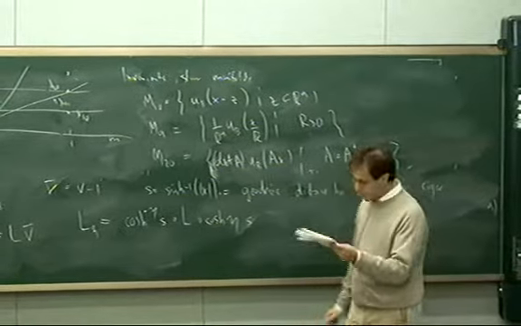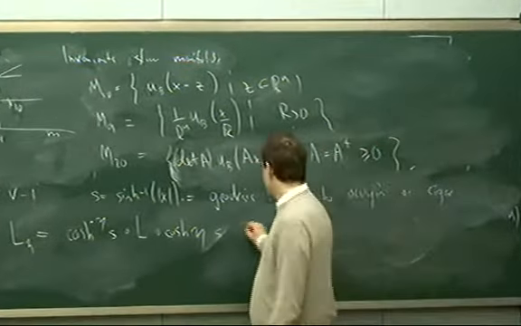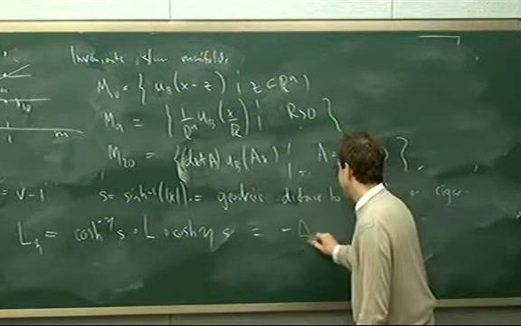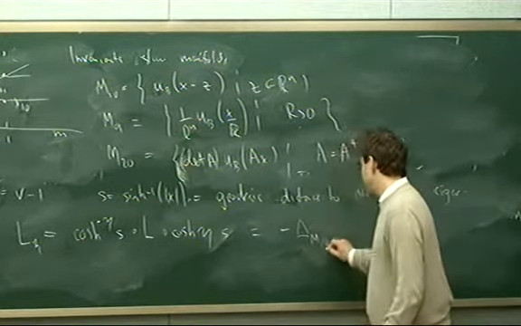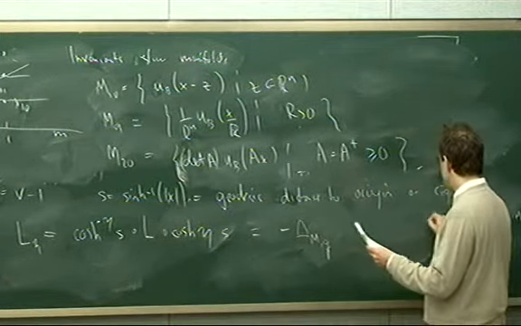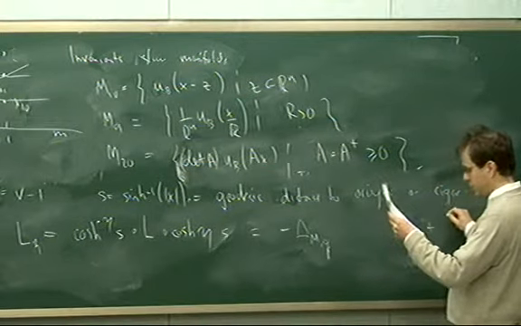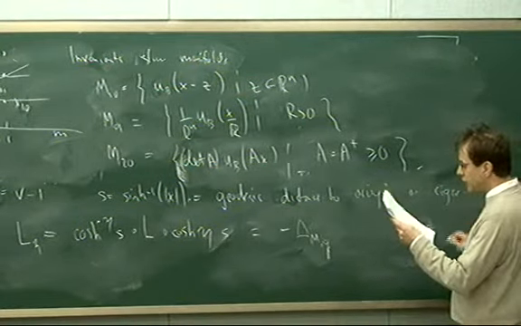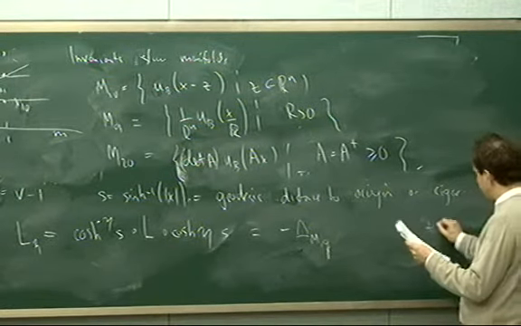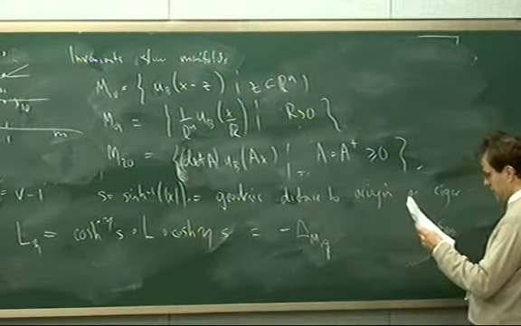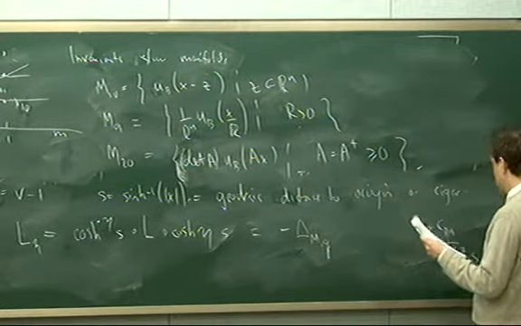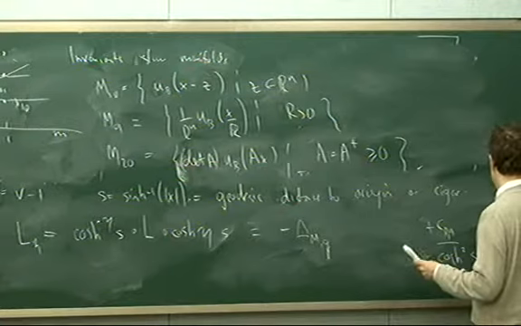And, well, I don't want to write out the details of this operator, but this operator looks more or less like a Laplacian. Maybe I lie slightly, but really at infinity it looks like this. And then there's a potential term, so it's like a Schrödinger operator. And the potential has a universal form. It's basically some constant depending on p and n over cosh squared of s plus another constant depending on p and n.